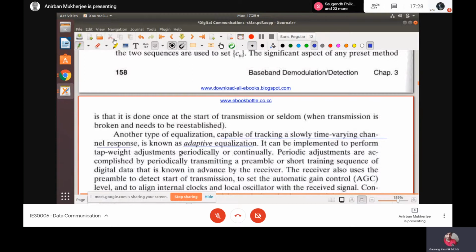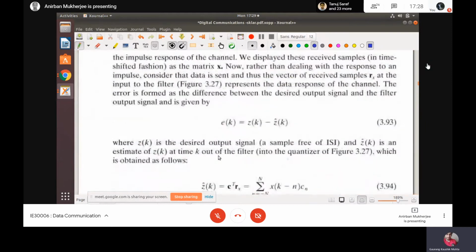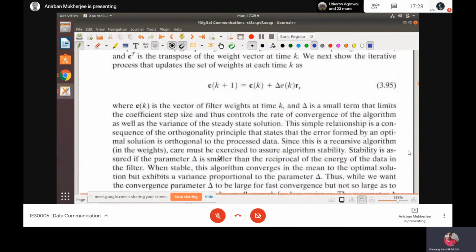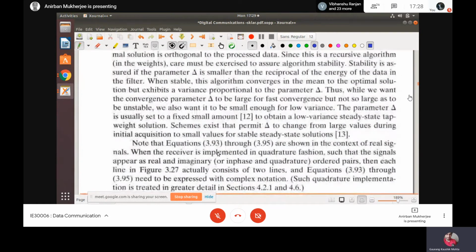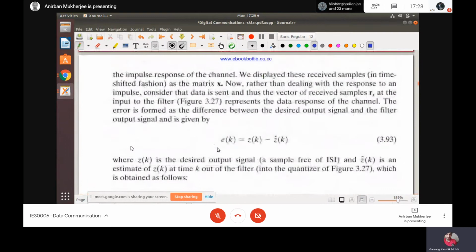Adaptive equalization means basically you have to calculate the C vector after a certain amount of time. So what do people use? Generally people use the LMS algorithm, the least mean square algorithm. In this LMS algorithm, what do they do?